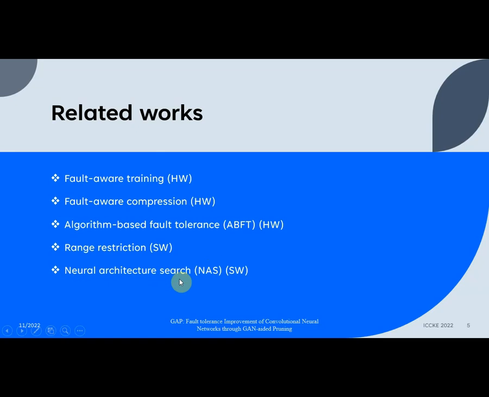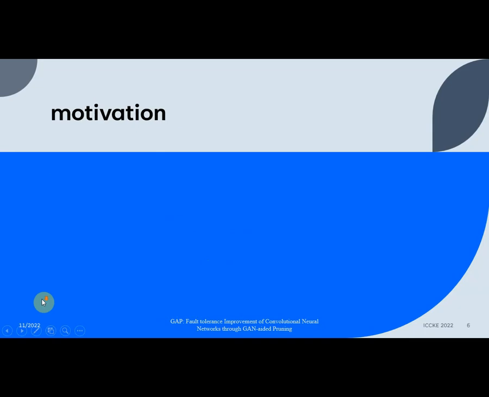In the NAS technique, researchers optimize specific, reliable architectures for neural models in order to improve model dependability. Recently, ensemble learning has been used to improve the fault tolerance of AI-based embedded systems.